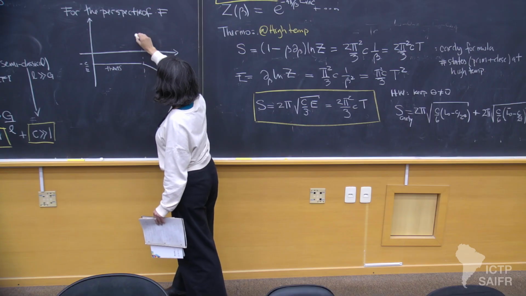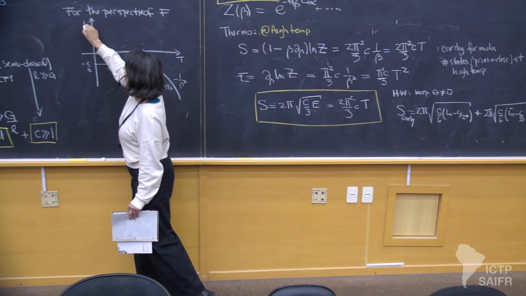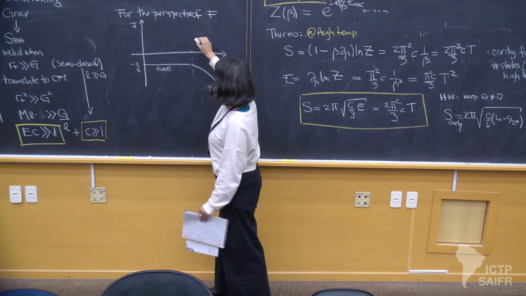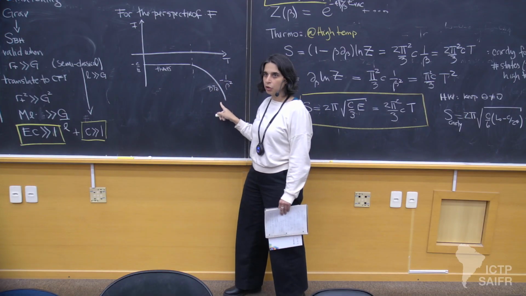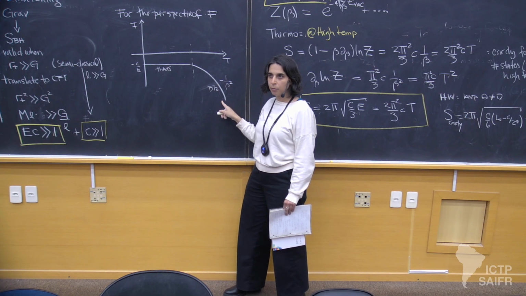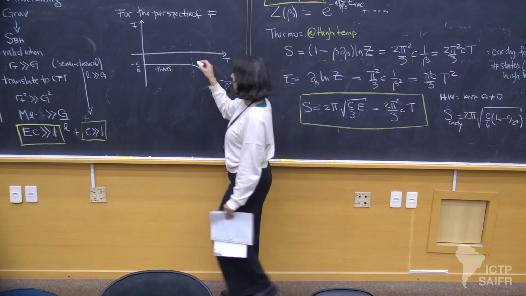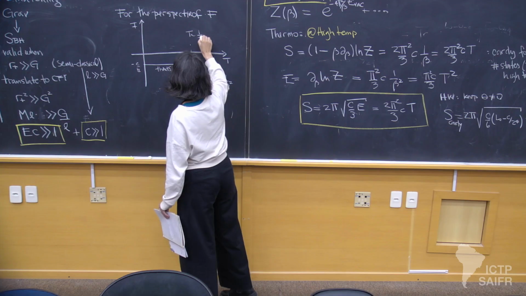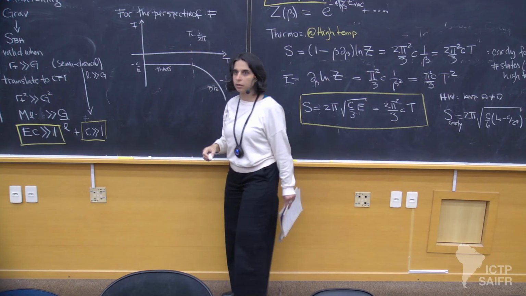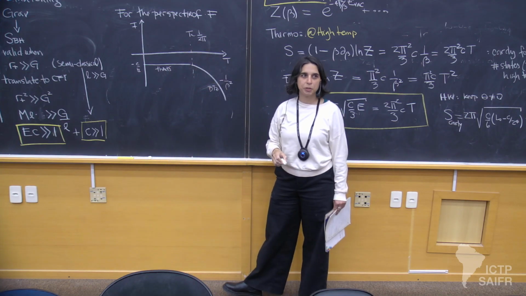What this plot was telling me was that the dominance of the BTZ black hole, the thing that dominated the ensemble from the gravitational perspective, was the black hole up to temperatures of basically 1 over 2 pi. That's not high temperature.